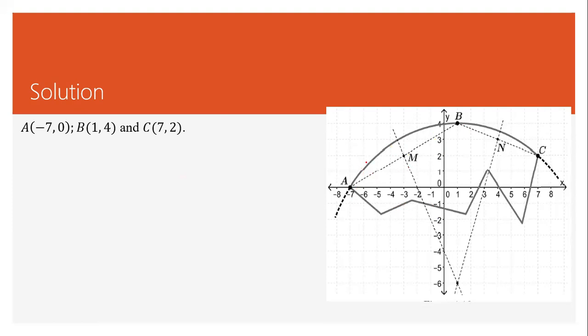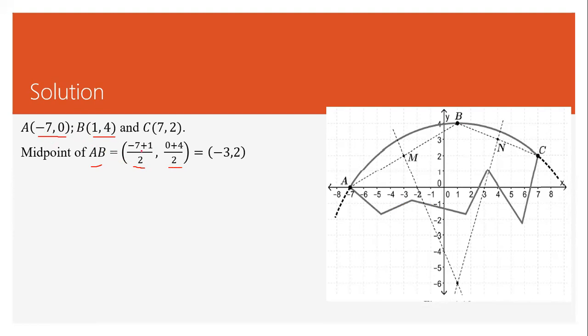First, we need to identify the midpoint of A and B, because that is where the bisector line is located. So the midpoint of AB, where point A is (-7, 0) and point B is (1, 4). The midpoint formula: add all the x and divide by 2, add all the y and divide by 2.